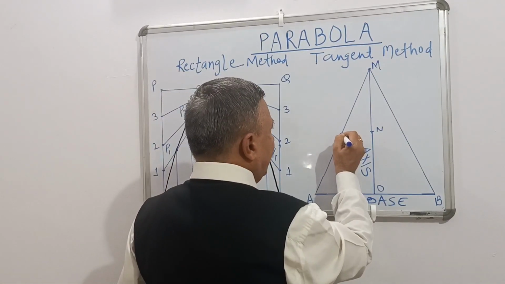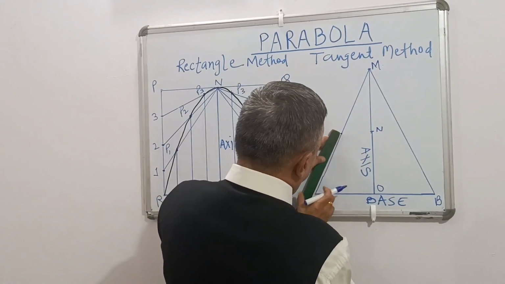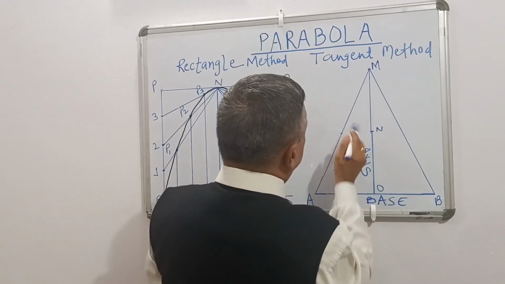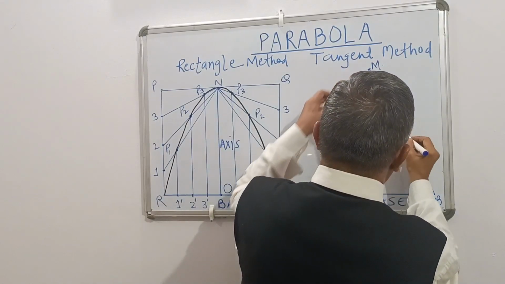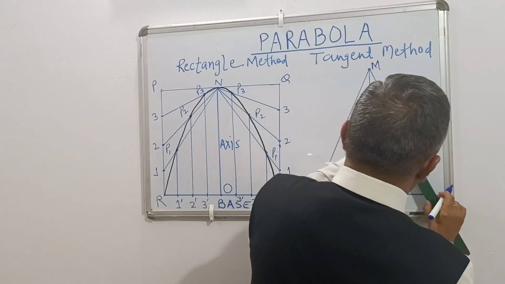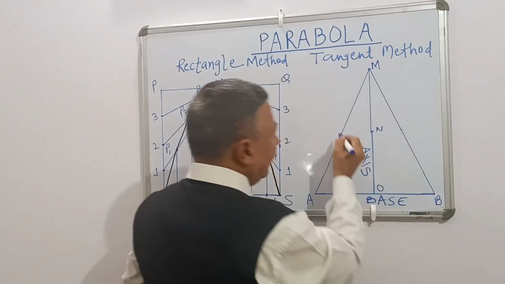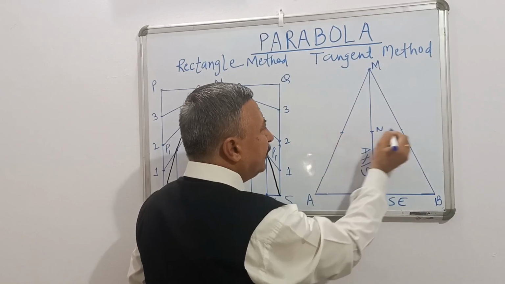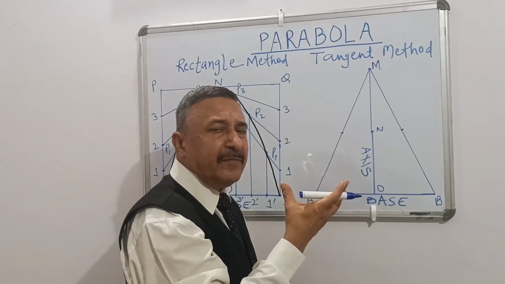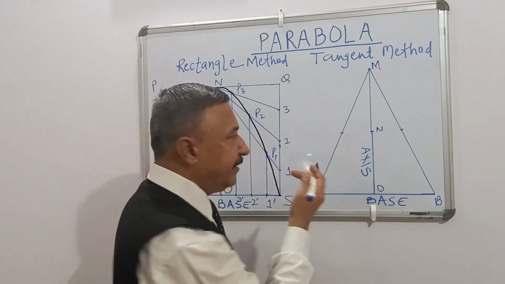Whatever the distance is, you can measure it and then divide it. You just measure this distance and by any process you can divide it.